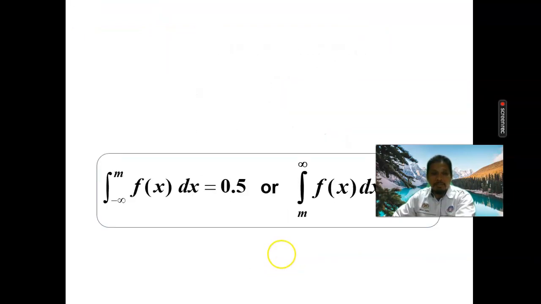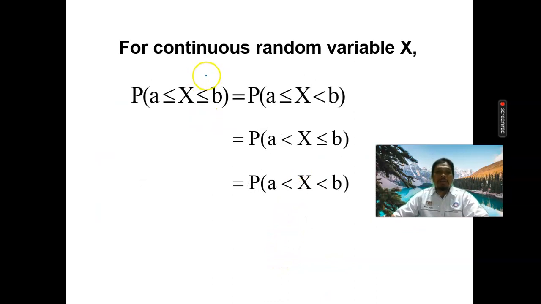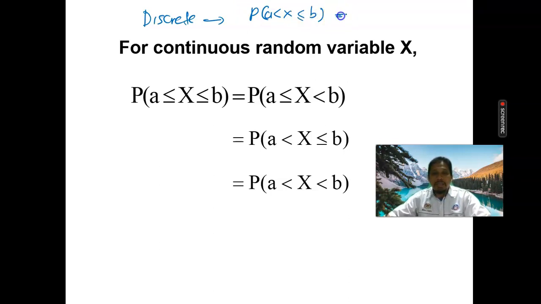So class, for discrete random variables, we count things one by one: 1, 2, 3, 4, 5, and so on. So the probability of x less than a and less than or equal to b is not equal to the probability of x greater than a and less than b, because every single thing we count one by one.